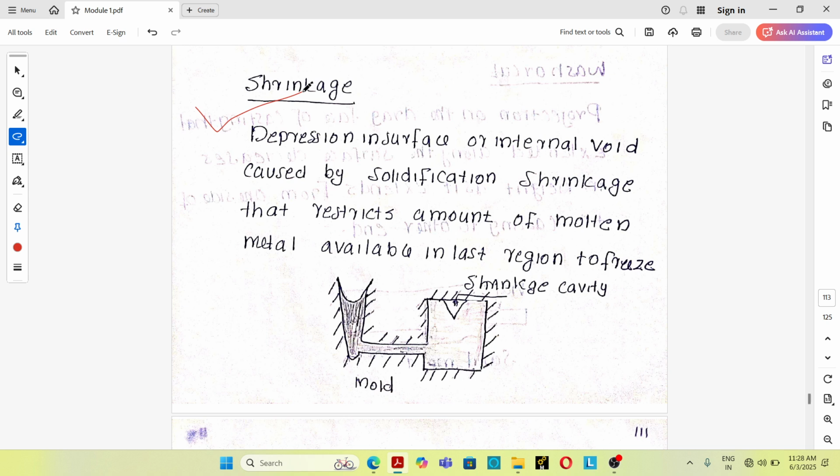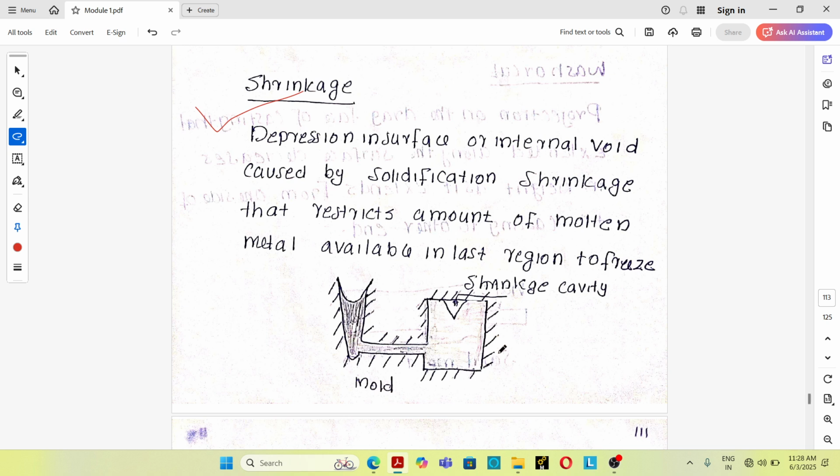In order to avoid shrinkage, the riser is used. Shrinkage means a depression in the surface or internal void caused by solidification shrinkage that restricts the amount of molten metal available in the last region to freeze.